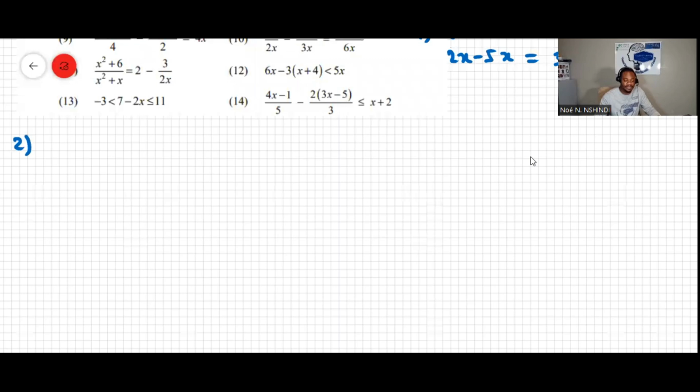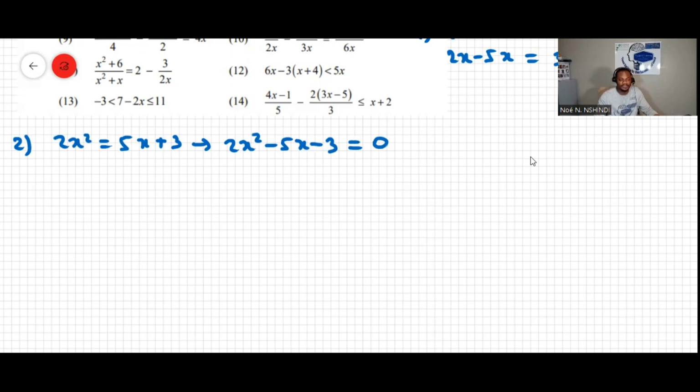And then question 2, let's do it over here. Question 2 is given by 2x squared equal to 5x plus 3. So we are going to move whatever is on the right hand side to the left hand side. So this will become 2x squared minus 5x minus 3 equals 0. Now this is a form of a quadratic trinomial.